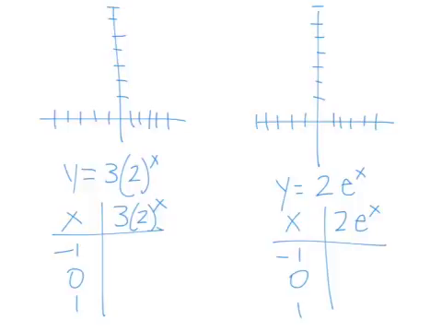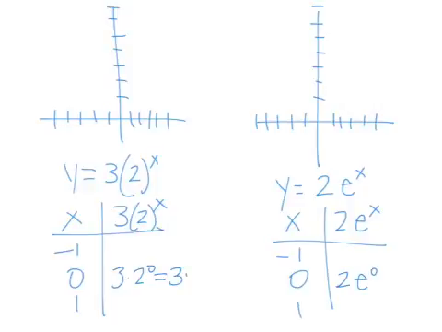And I'm going to show you a little bit of a trick here. 0 is a nice number because when we plug it in for x, we're going to get a value for that base, 2 to the 0 power. So we'll get 3 times 2 to the 0 power on the first problem, and on the second problem, we're going to get 2 times e to the 0 power. And as we know, anything to the 0 power is 1.